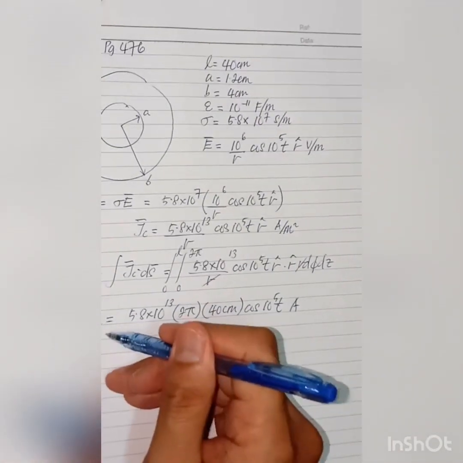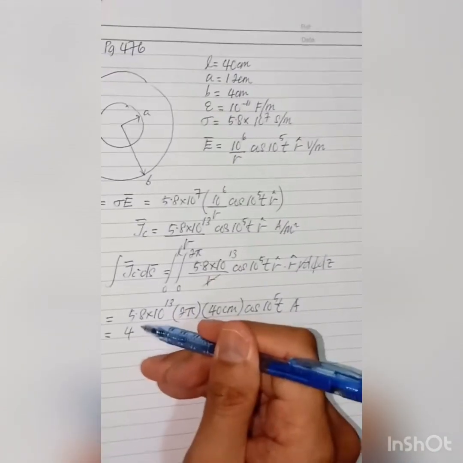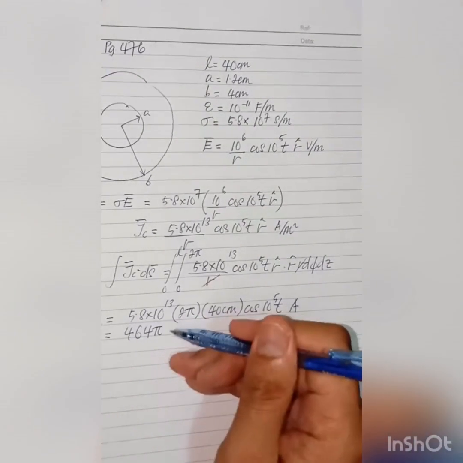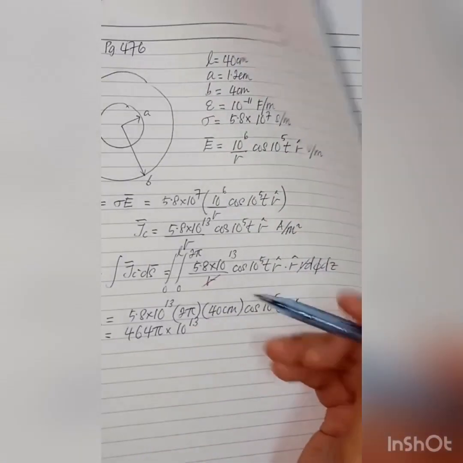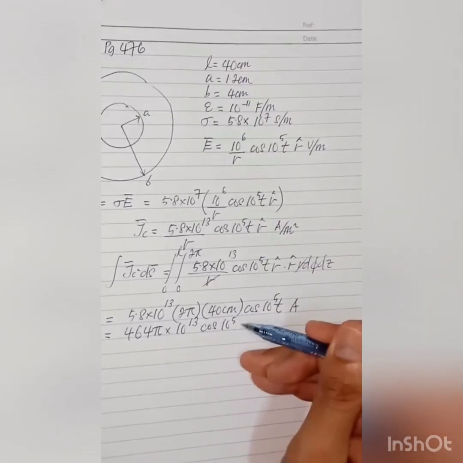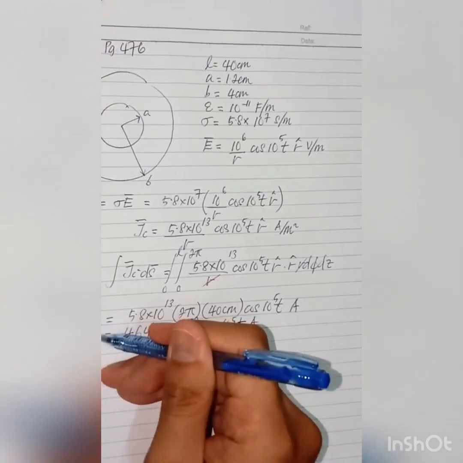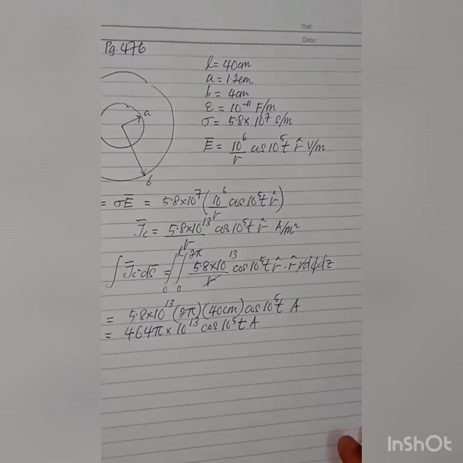So if we proceed, you're gonna have this value, 4.64 pi times 10 power of 13 cos 10 power of 5 t ampere. Okay guys, so that's our conduction current.